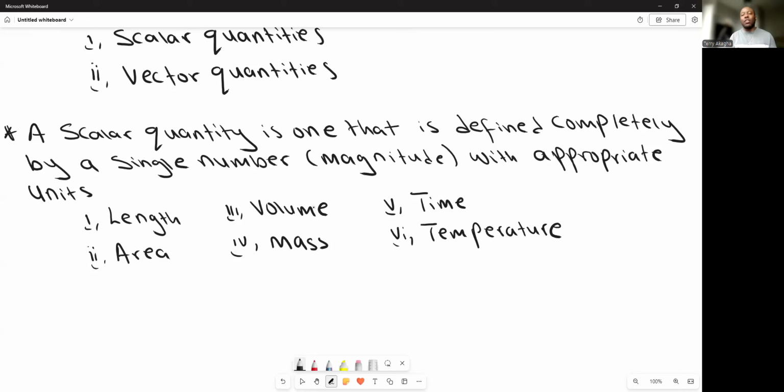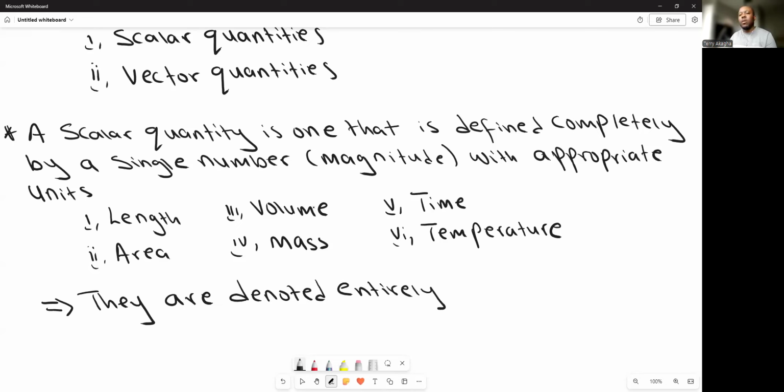So they just have magnitude without direction, okay? That means we can say they are denoted entirely by their size or magnitude.